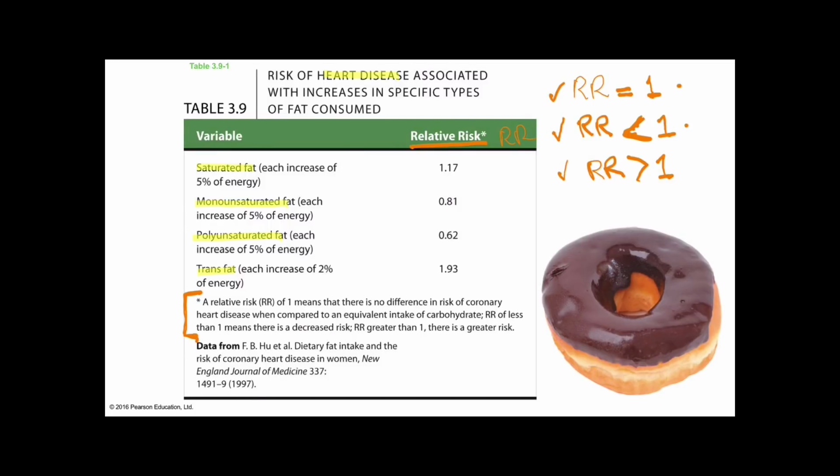إيش معنى كل واحد فيهم؟ To help you understand, I have created two scenarios, A and B. So let's say this person can be in two scenarios. فأنا بسوي هذا المثال عشان تفهمون أسرع الفرق المعاني relative risk. لو هذا الشخص خلينا في وضعين، وضع A ووضع B. A إنه سوى increase للفات 5%.